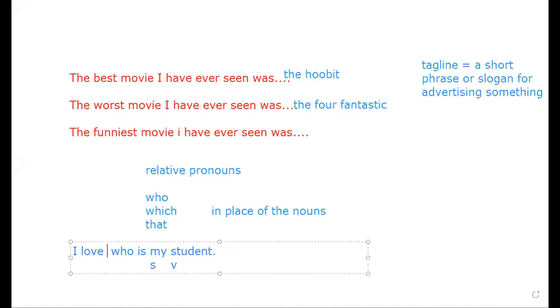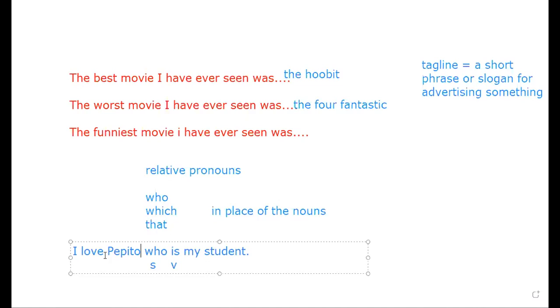It doesn't exist. I love who is, no, who are we talking about? We are talking about Pepito. I love Pepito. Extra information about Pepito. Ah, Pepito is my student. I love Pepito, who is my student.